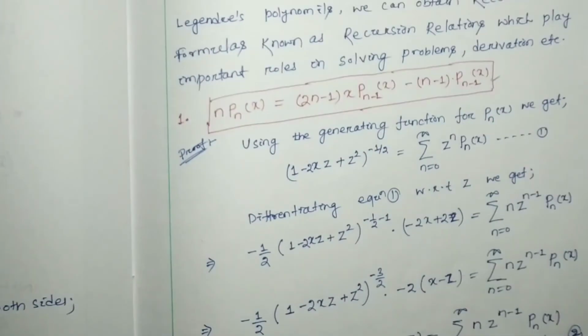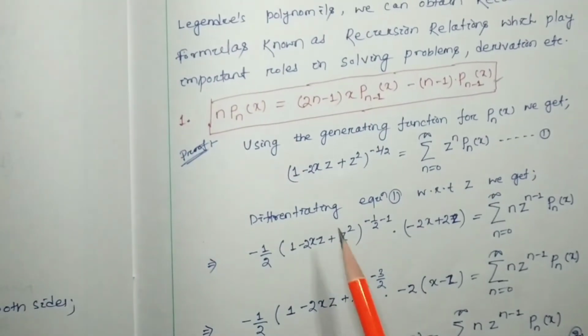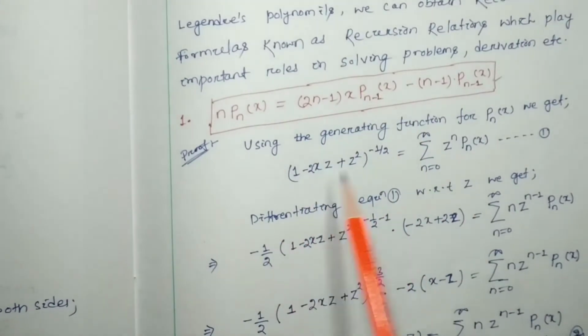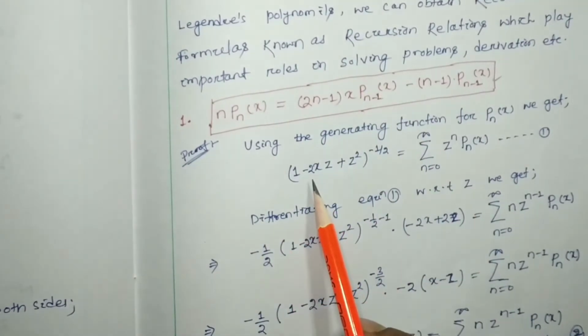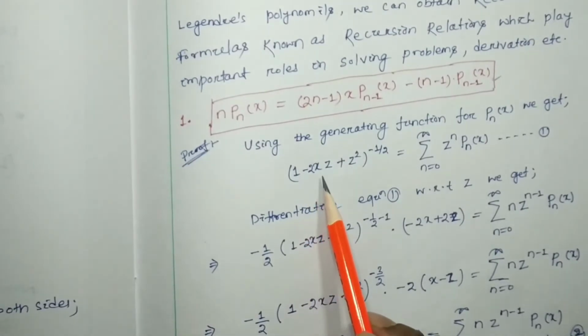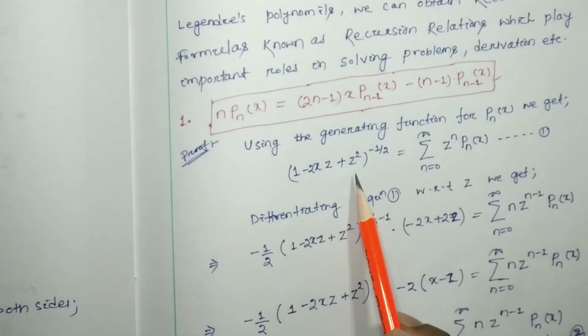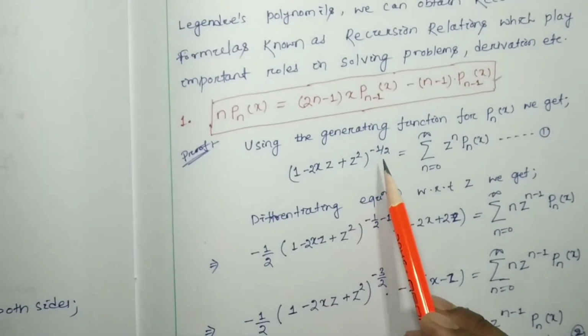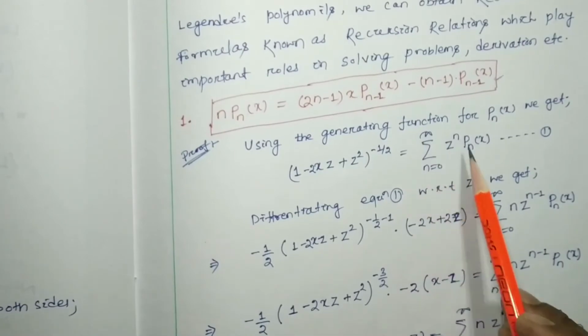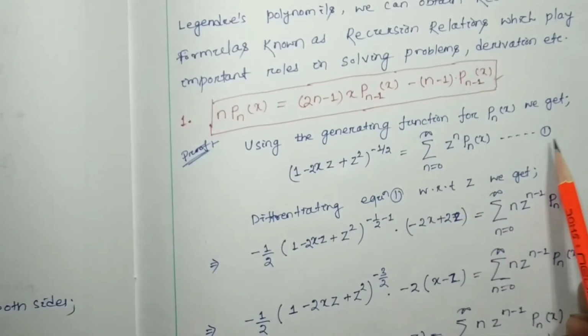So to prove this relation, we have to use the generating function. We know that the generating function of the Legendre polynomial is 1 minus 2xz plus z square to the power minus 1 by 2 is equal to summation n equal to 0 to infinity z to the power n Pn(x). Let this be your equation number 1.